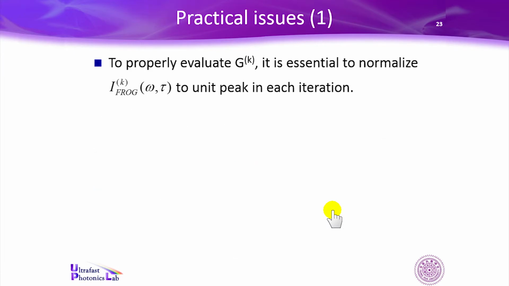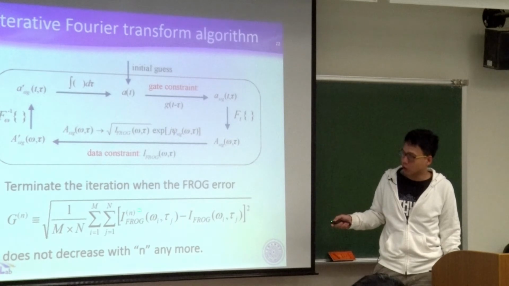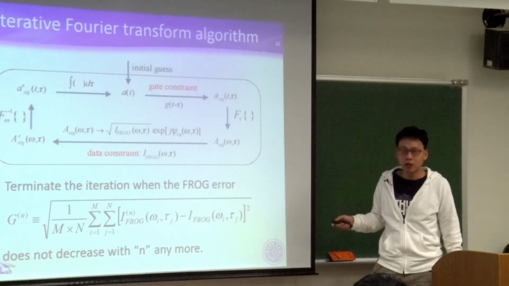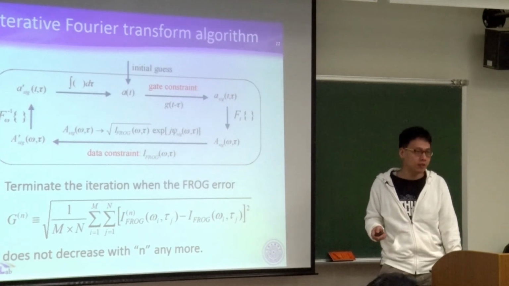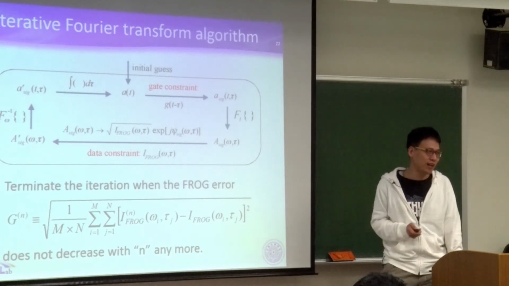Some practical issues. To properly evaluate the G number, it is essential to normalize your FROG trace to unit peak in each iteration. What does that mean? If your calculated FROG trace is exactly the same as your measured FROG trace, but with a proportional constant like 10, then what's the number after calculation?